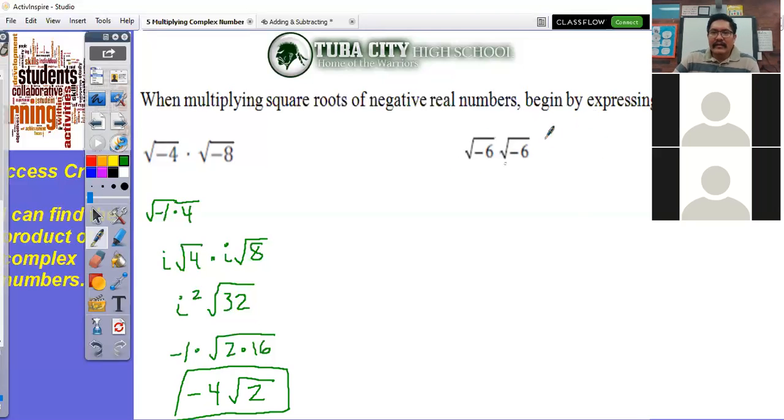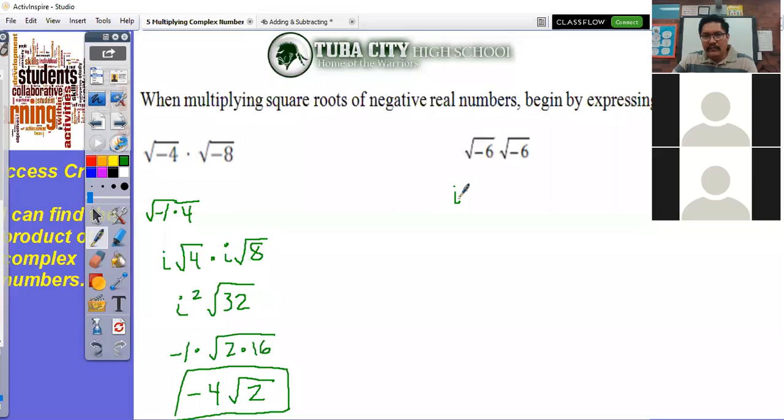Anyway, let's go ahead and do this one here. So root of negative 6 times root negative 6. Now, just because you don't see the little dot in there doesn't mean that it's not multiplying. It is still multiplying. So let's go ahead and take out i first.